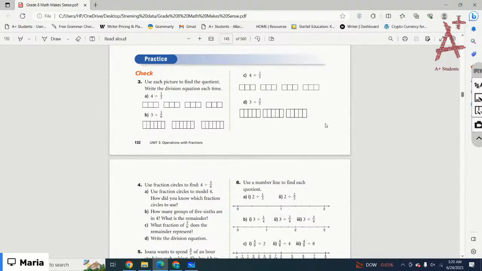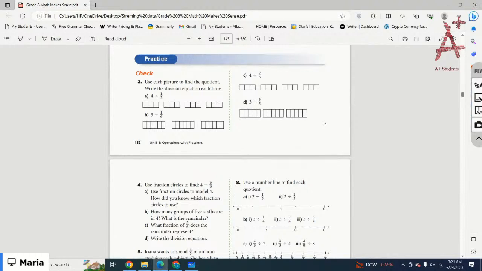You have to find the quotient 4 divided by 1 over 3. So you have to divide 4 by 1 over 3. Got it? So you just have to count 1, 2, 3, 4, 5, 6, 7, 8, 9, 10, 11, 12. So it would be 12. Got it? And then 3 divided by 1 over 6, you can count, that makes 18.